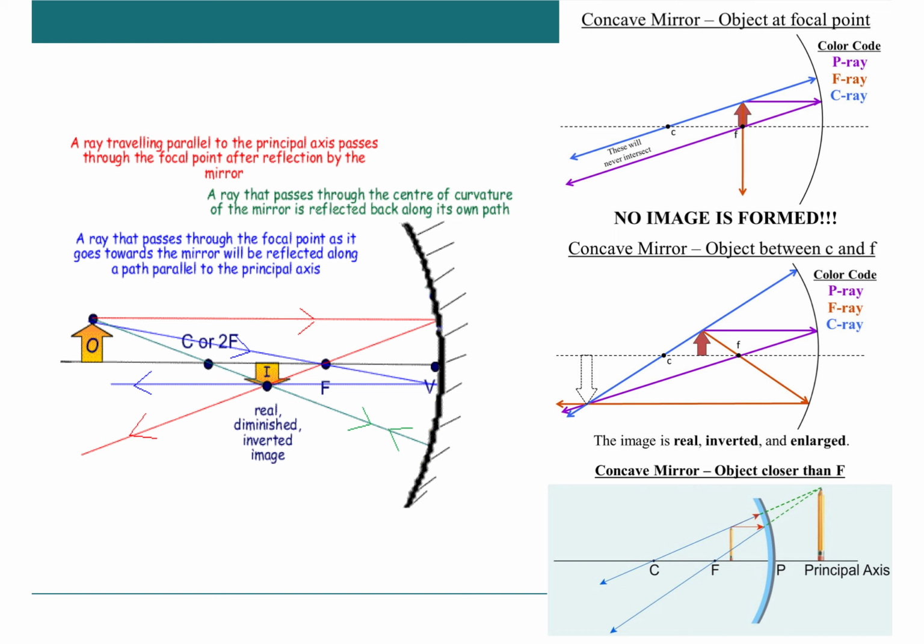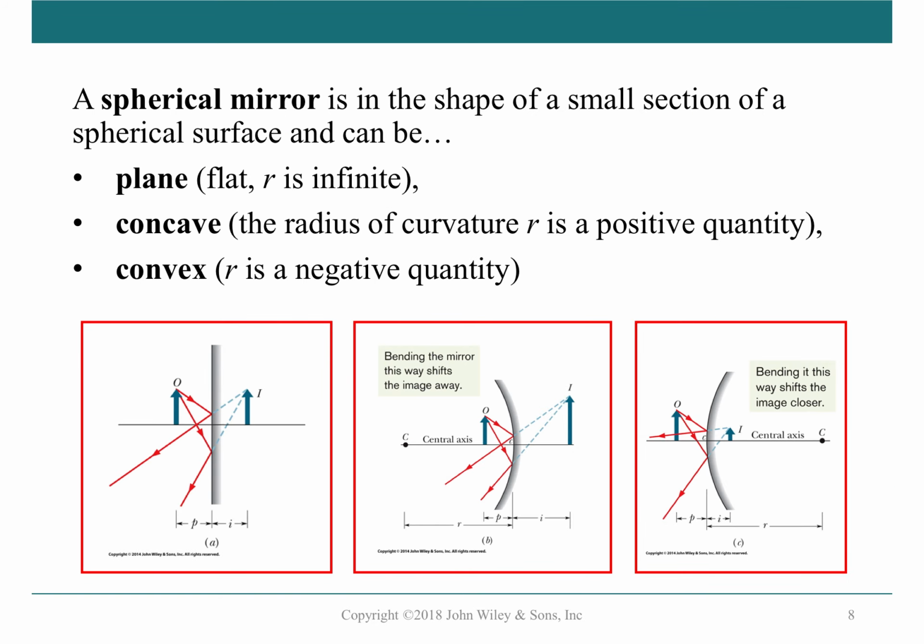And by the way, if you're wondering, an object placed further away from a mirror than its center of curvature will produce a real image that's smaller than our original object and is also inverted. For spherical mirrors, like concave and convex, we define their shape in terms of a radius of curvature.